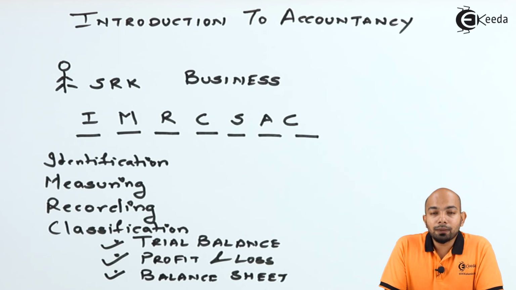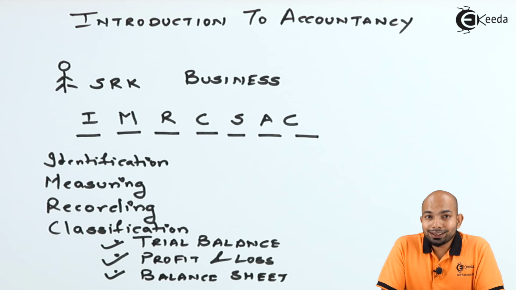All these three are major important books which are used when you have to define accountancy. All these three books will be studied in depth in our next lecture. However, all these three books are important when it comes to understanding accounts.